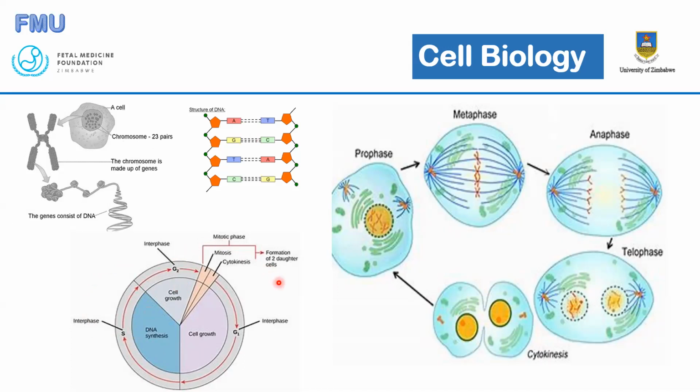These are the cells which we say have a high mitotic index, like bone marrow cells, like the cytotrophoblasts we were mentioning. They are always multiplying, and even the fetal cells are always dividing because the fetus is growing rapidly. So some cells which are not always dividing, for us to analyze them, we might need to stimulate them to divide, to go into mitosis.